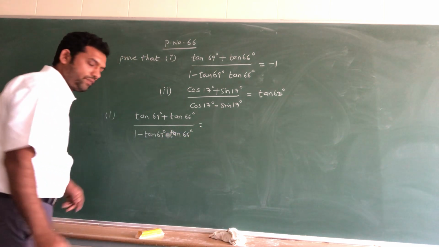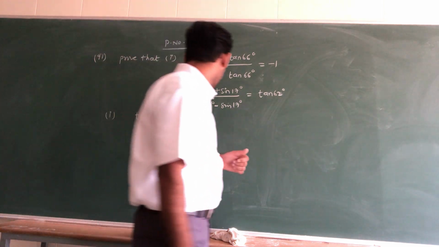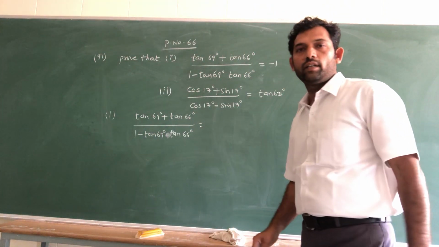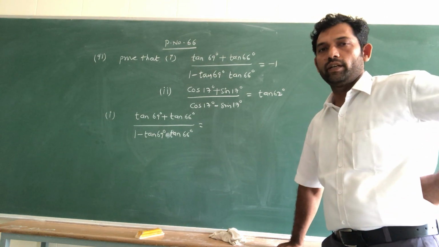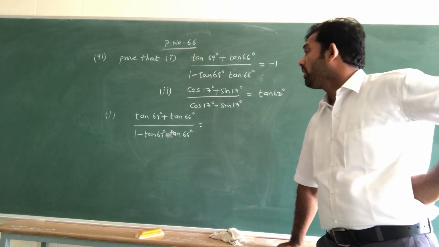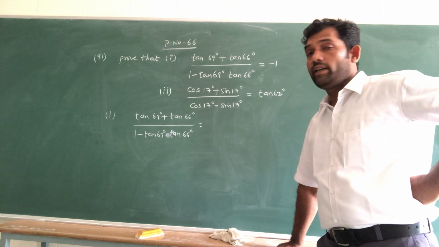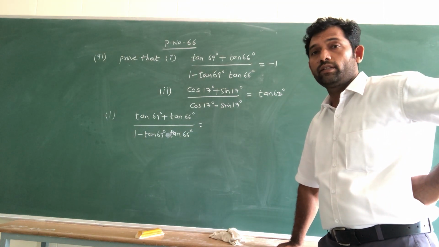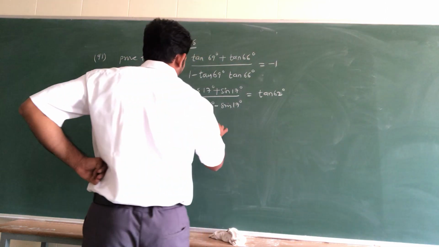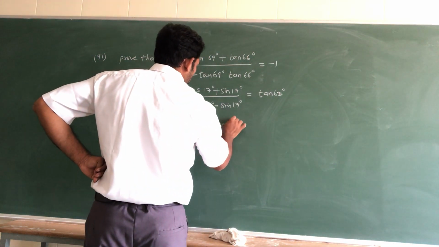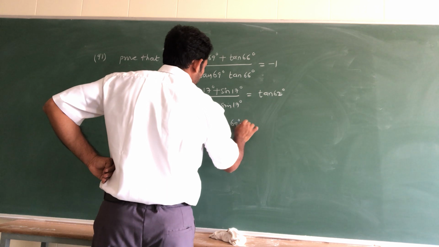So see left hand side value, it is the form of tan A plus tan B divided by 1 minus tan A into tan B. A is equal to 69 degrees and B is equal to 66 degrees. So this is tan of 69 plus 66.